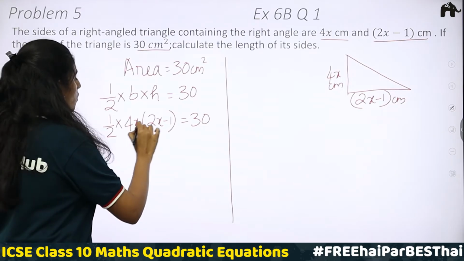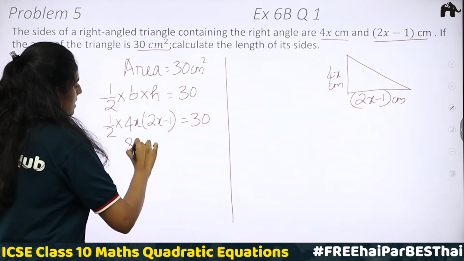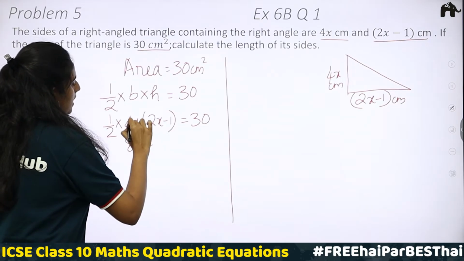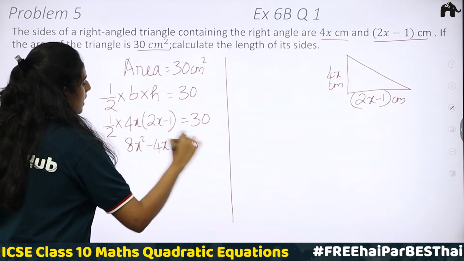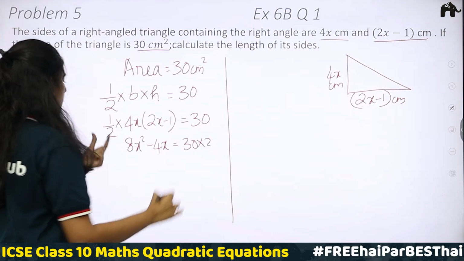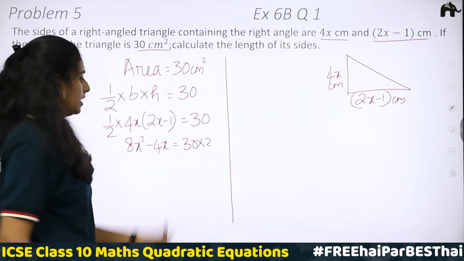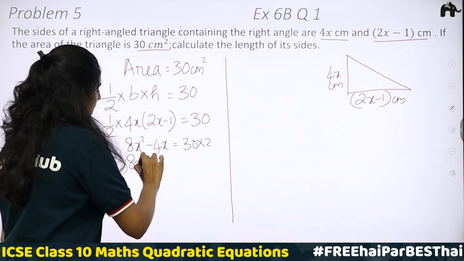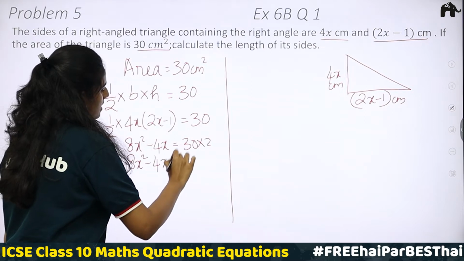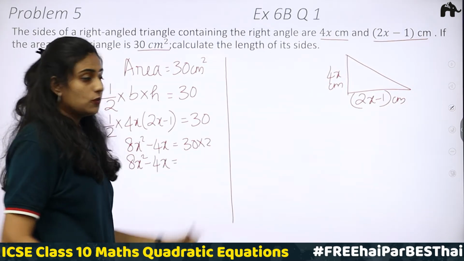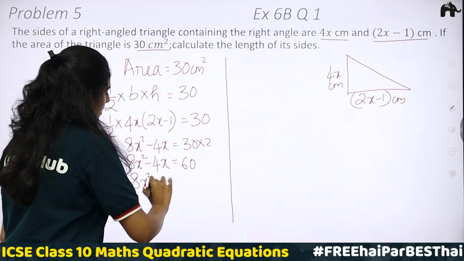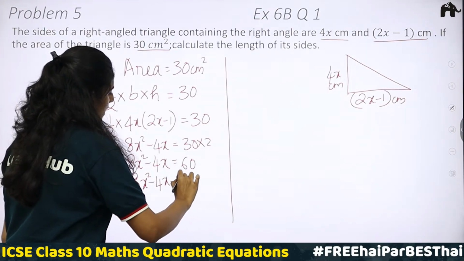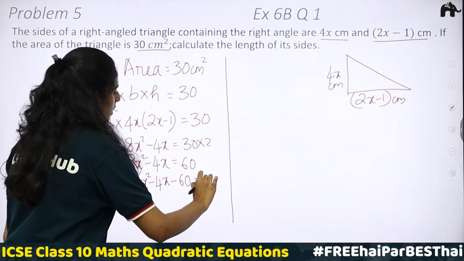That is 4x into 2x is 8x square minus 4x into 1, 4x, is equal to 30 into 2. I am taking this 2 to the opposite side. 8x square minus 4x is equal to 30 into 2, 60. Rearranging, 8x square minus 4x minus 60 is equal to 0.